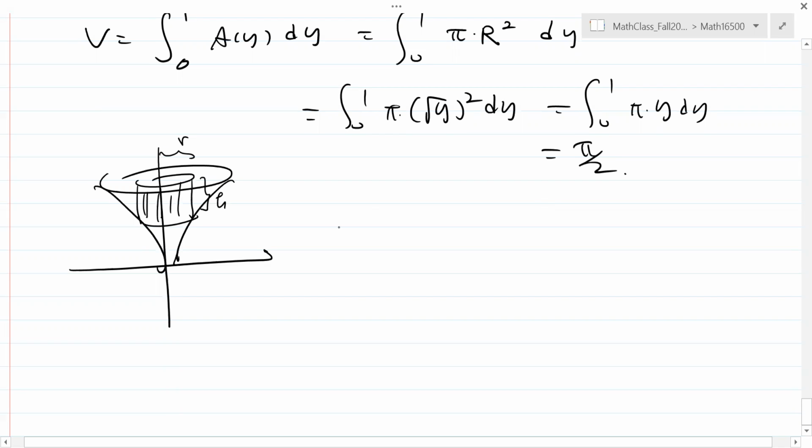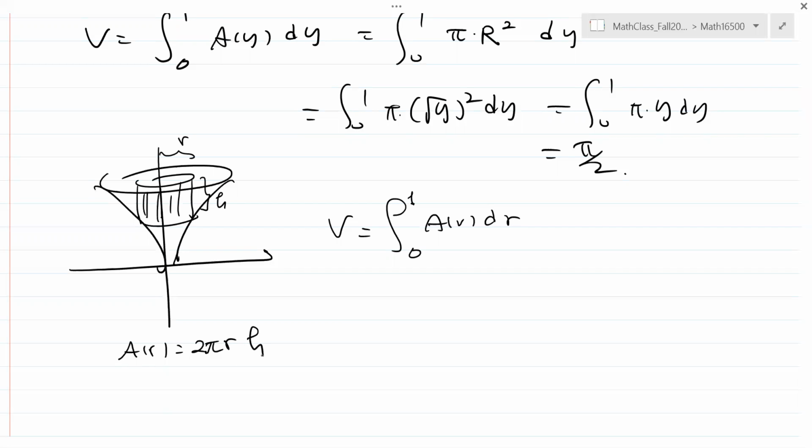So the volume is going to be the integral from r smallest value 0, the largest possible value for r is 1, of A(r) dr. Okay, so A(r) is going to be 2 pi r multiplied by h. The only problem is how to express h in terms of r, right?